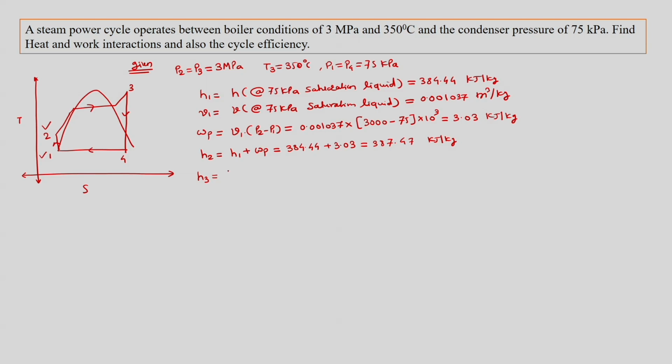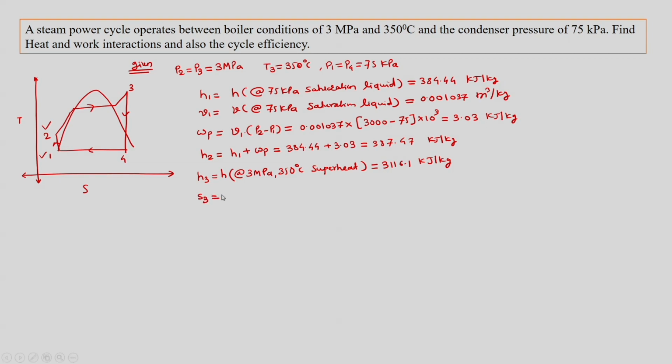That is why for H3 we are looking in the steam table at 3 megapascal and 350 degrees Celsius superheat for enthalpy, and this gives us the value of enthalpy as 3116.1 kilojoule per kg.